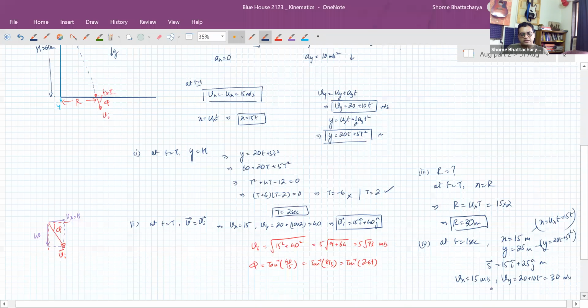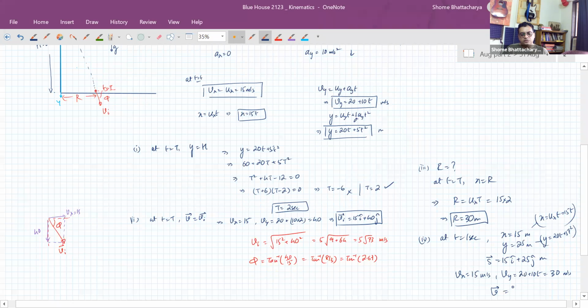So the velocity vector at t equal to 1 second would be 15 i cap plus 30 j cap. So this is the velocity and this is the displacement at the time of 1 second.